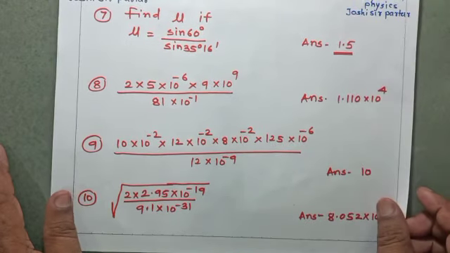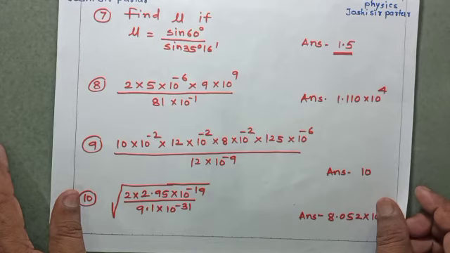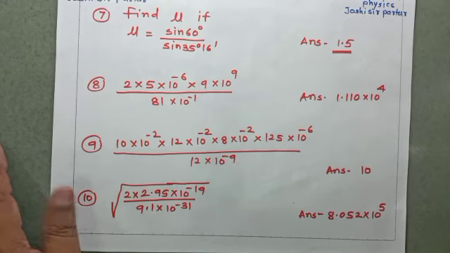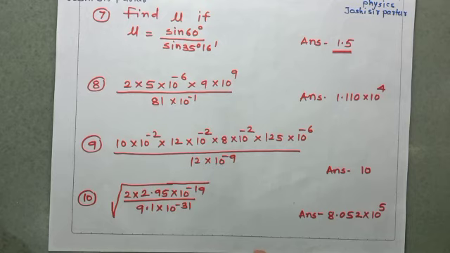And finally, the last question will be square root of 2 into 2.95 into 10 raised to minus 19 upon 9.1 into 10 raised to minus 31. Answer is given. If we solve one by one, then you get perfection in solving all types of problems, all types of numericals.